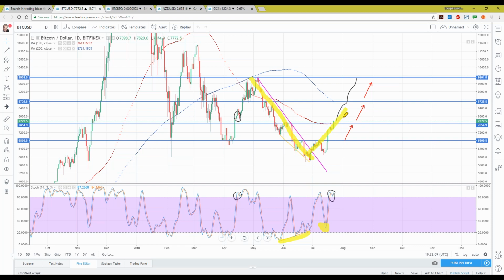Price recovered and started moving up, and this is where we're predicting price to go. And we can see how it diverged, but look at this, how the stochastics broke above the 80, stayed above the 80, and we also got a crossover at this level as the asset moved up. But as we had the downtrend developing here, we had the beautiful divergence here, which was forewarning us that this was going to happen.